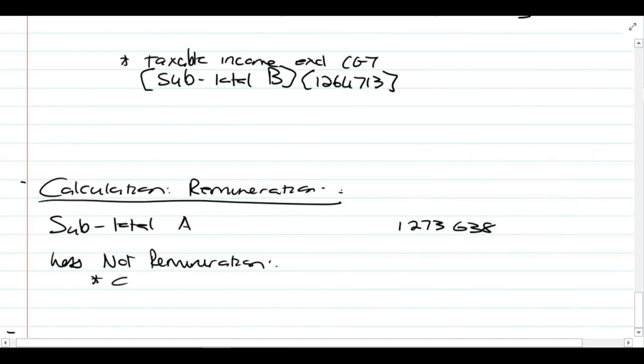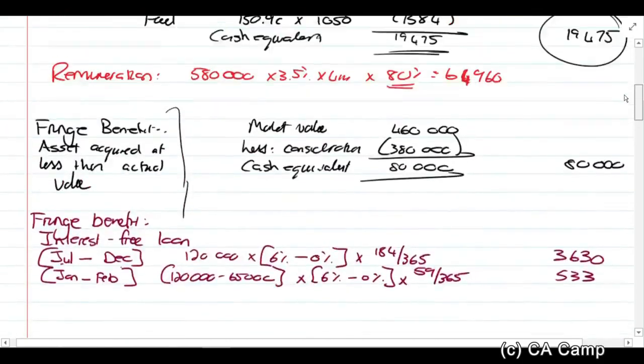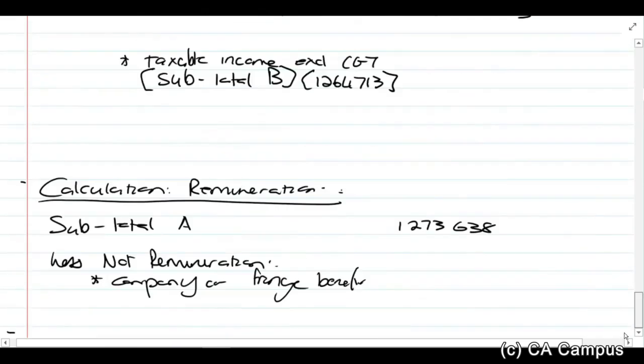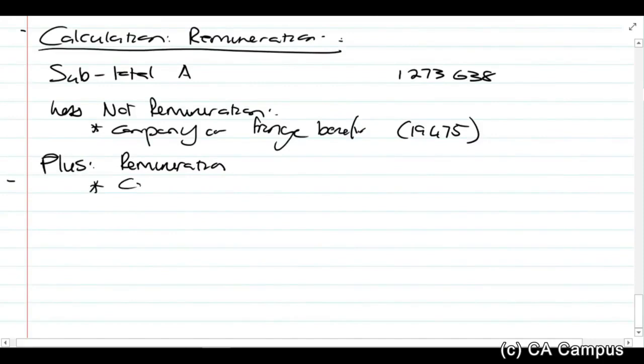It's the company car fringe benefit. Remember that gets calculated in a different way in terms of the Seventh Schedule. So it's that 19,475. That is not remuneration. That's a fringe benefit value. The other fringe benefits are the same, but the company car gets calculated differently for remuneration. So we now add the remuneration on the company car.